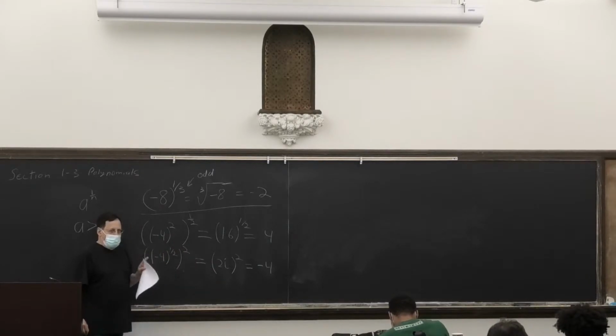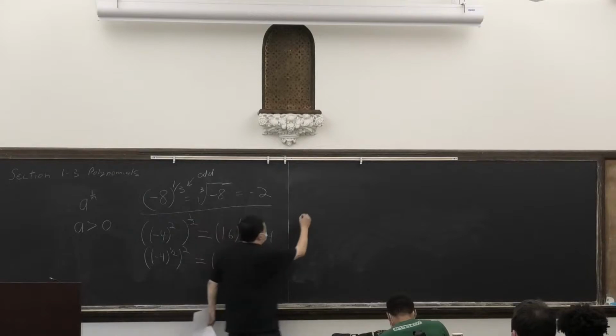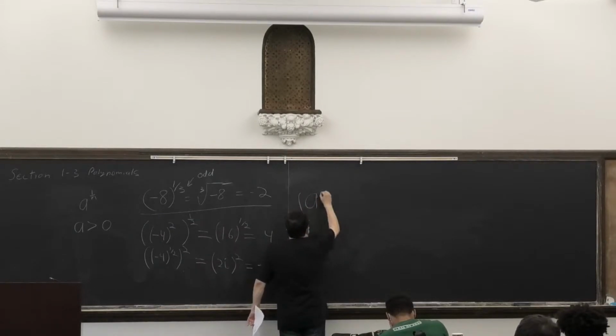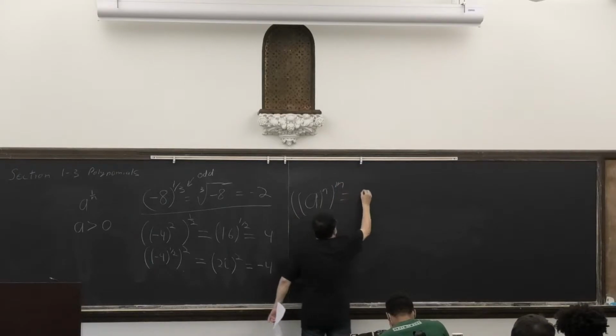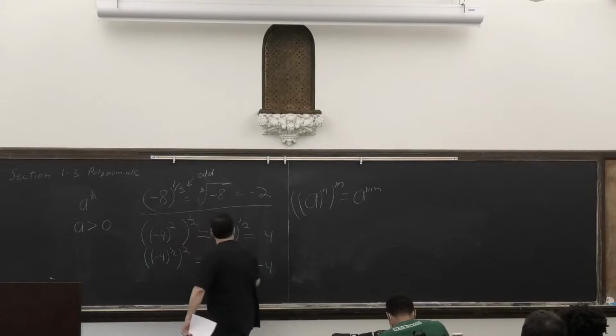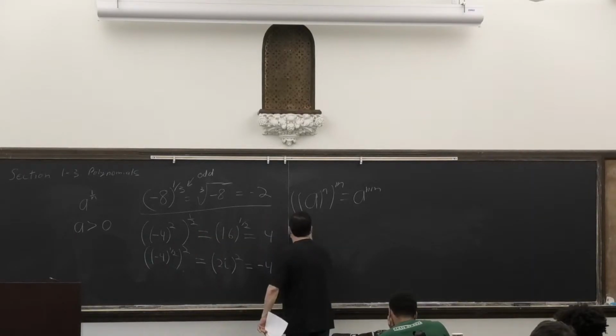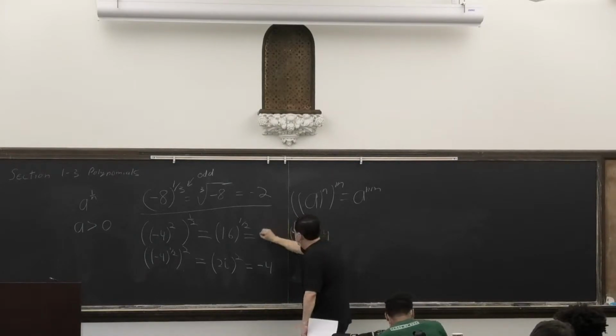But this should make you wary of the laws of exponents, because there's a law that says a to the n to the m is a to the nm. Well, if I do that here, I get -4 to the 1, which is -4, not 4.